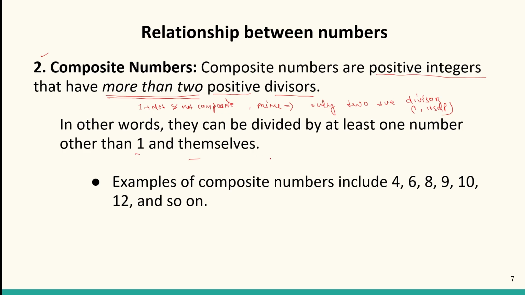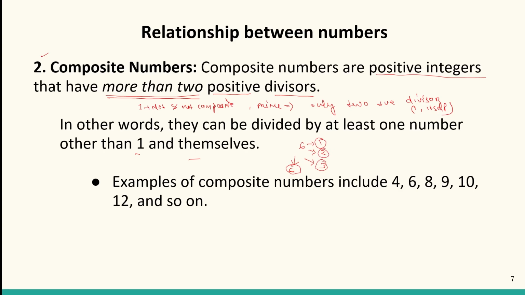For example, let's go for 6. For 6, we have 1 divides 6, 2 divides 6, 3 divides 6, and 6 divides 6. See here, 1 divides 6 and 6 divides 6, but there are 3 and 2 also, and these are more.